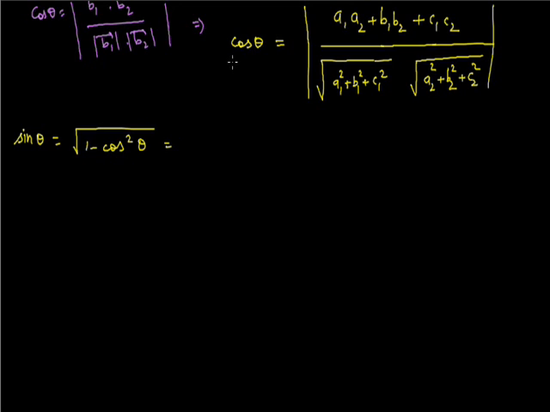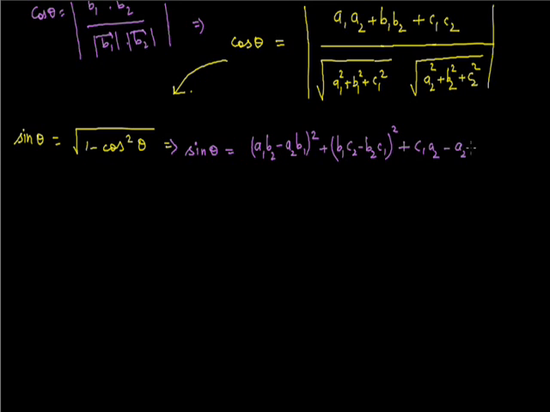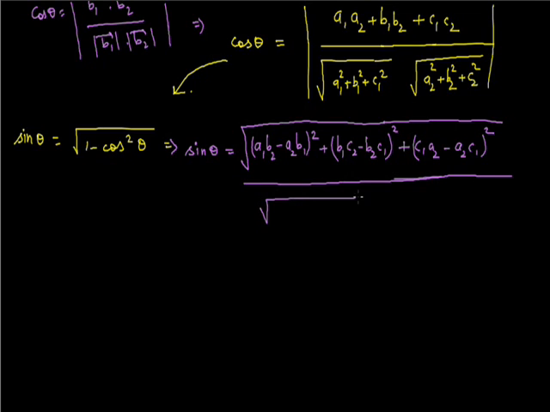So when you substitute the value of cos theta, you will get the value of sin theta as under root of a1 b2 minus a2 b1 whole square plus b1 c2 minus b2 c1 whole square plus c1 a2 minus a2 c1 whole square, whole divided by under root a1 square plus b1 square plus c1 square into under root a2 square plus b2 square plus c2 square, and then whole mod of it.